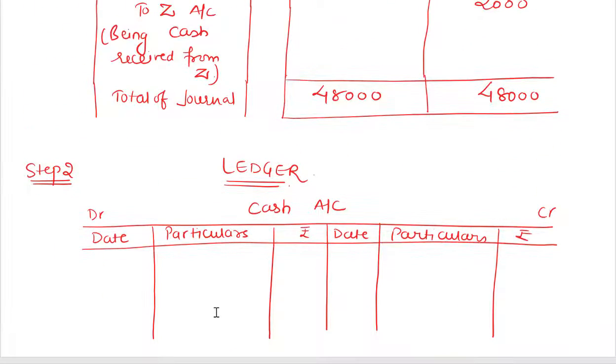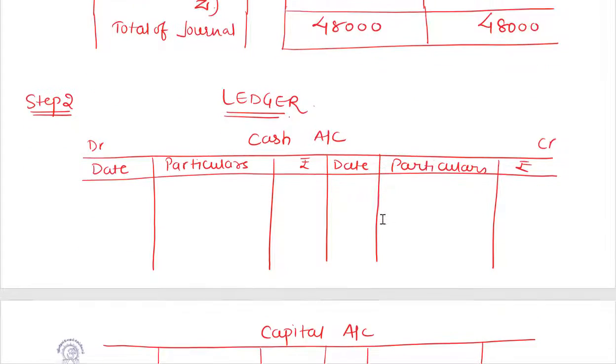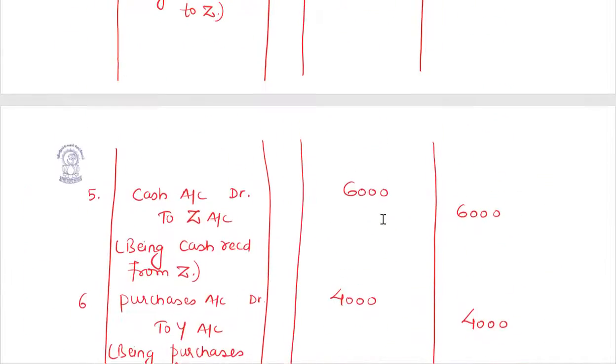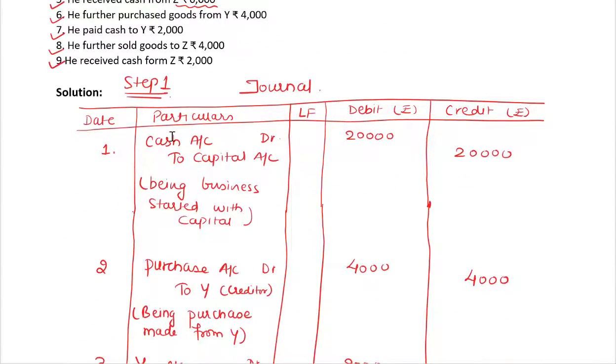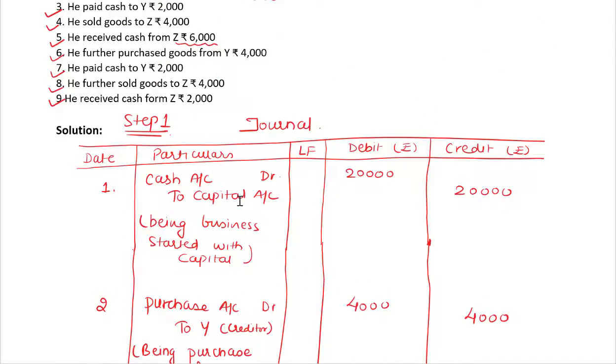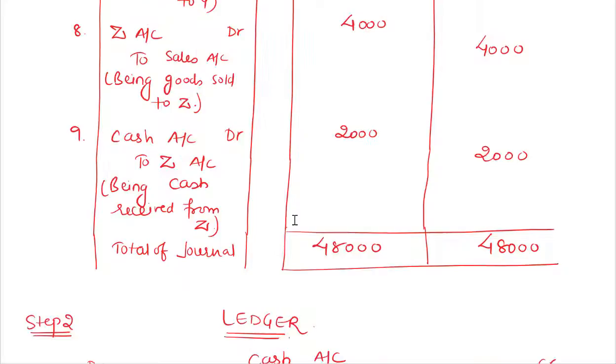Let's start with this ledger. Just see this journal entry, the first one, cash account debit to capital account. So entries will be done in cash account and capital account in both the accounts. In cash, we will write to capital. In capital, we will write by cash. The amount is 20,000.